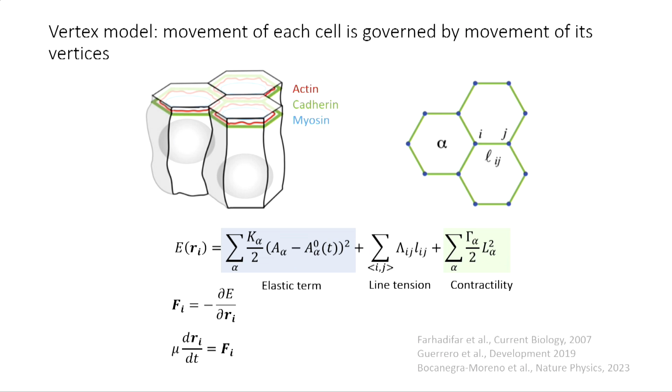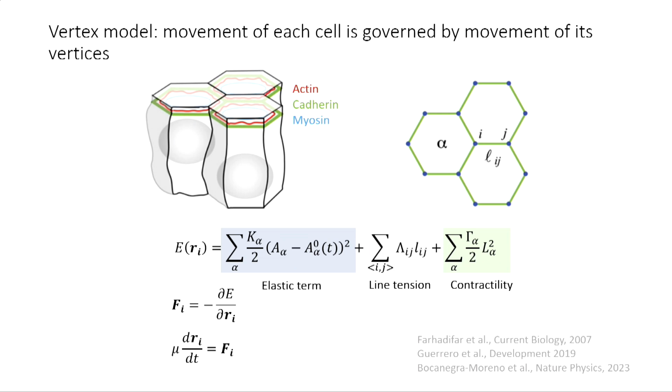So you don't have acceleration like in Newton's laws, but you just take this is the velocity of the vertex, and this is something relating to either viscosity or a drag in this environment. So having defined the energy function in a deterministic way, one could get to the displacement of the vertices.